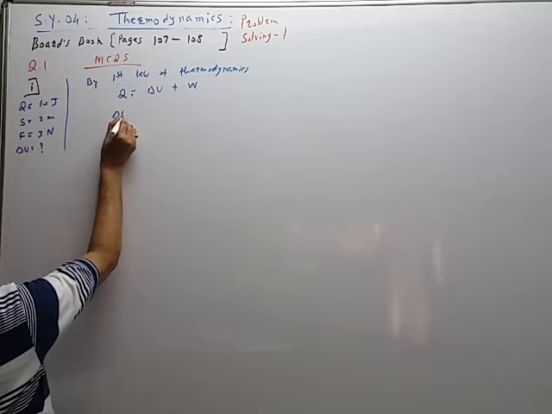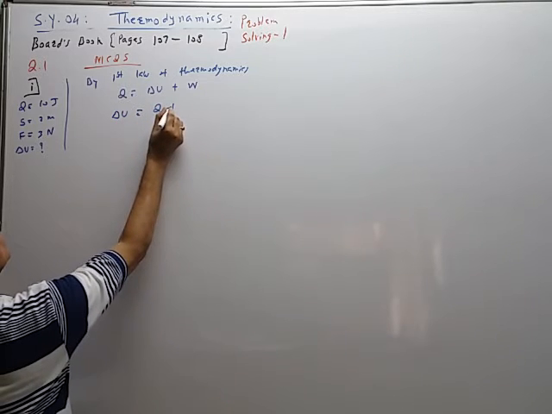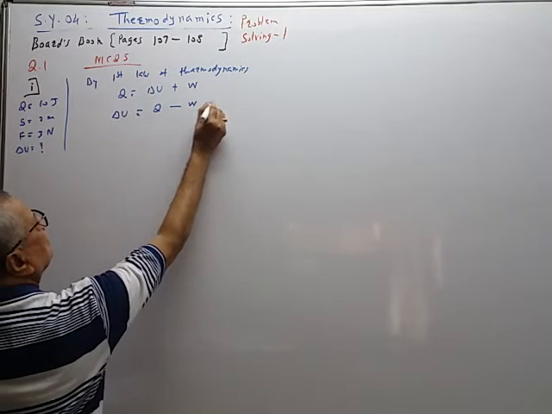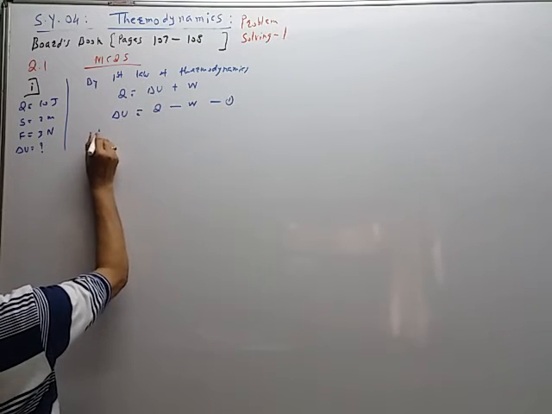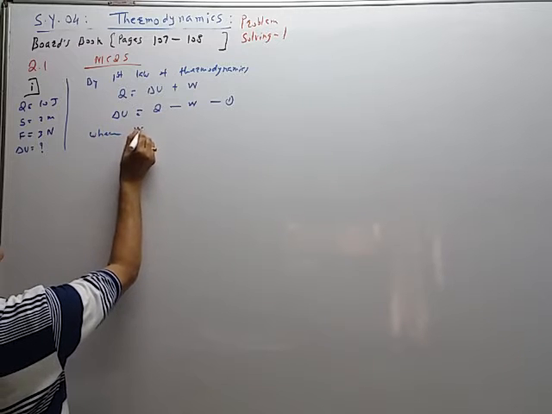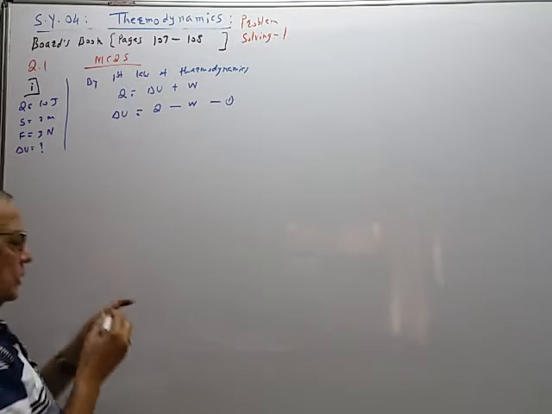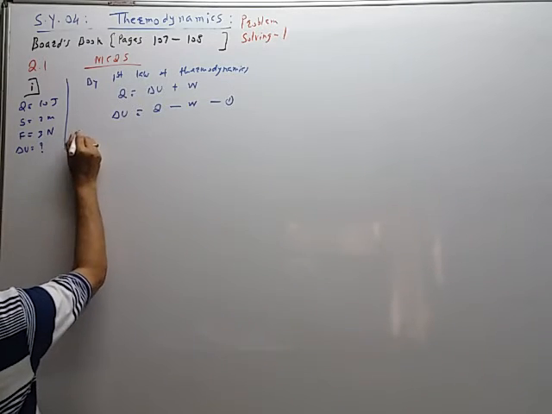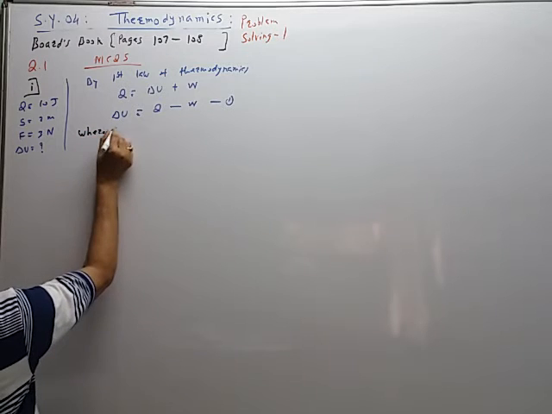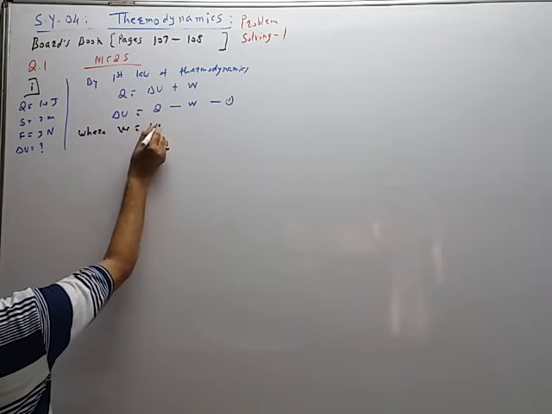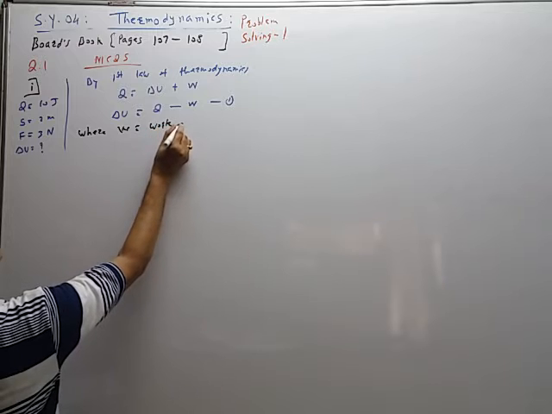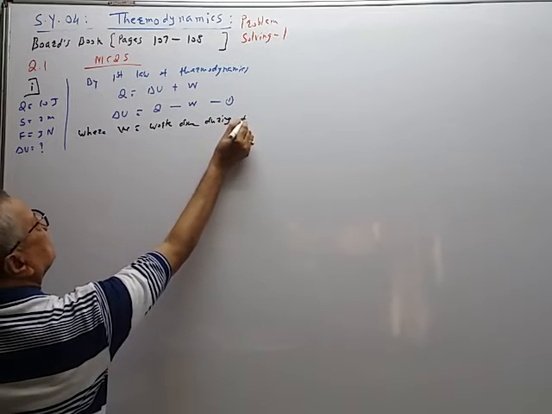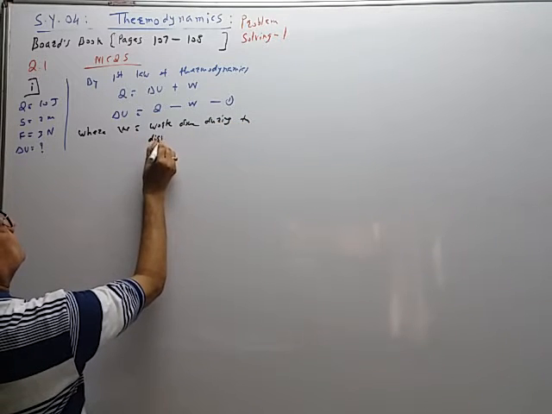Therefore, delta U is equal to Q minus W. So this is equation 1, where W can be calculated separately, where W is equal to work done during the displacement of the lid.